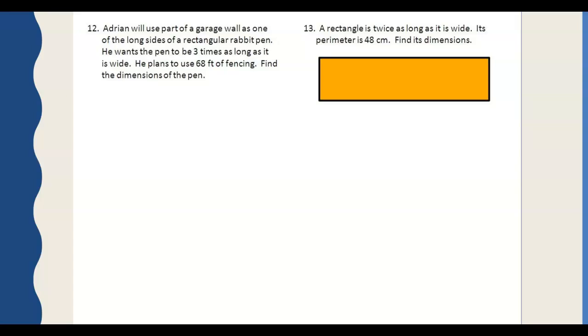So it says Adrian's using part of the garage as one of the long sides of a rectangular pen. So in my mind, I'm picturing part of a house or a garage wall right here. And he says he wants the pen to be 3 times as long as it is wide.